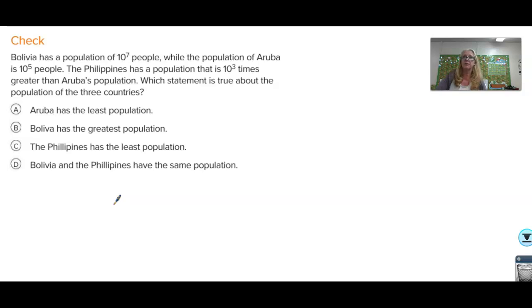Okay, now we have Bolivia has a population of 10 to the 7th. All right, so we're going to say Bolivia, 10 to the 7th. Aruba is 10 to the 5th. Okay. The Philippines has a population that is 10 to the 3rd times greater than Aruba.